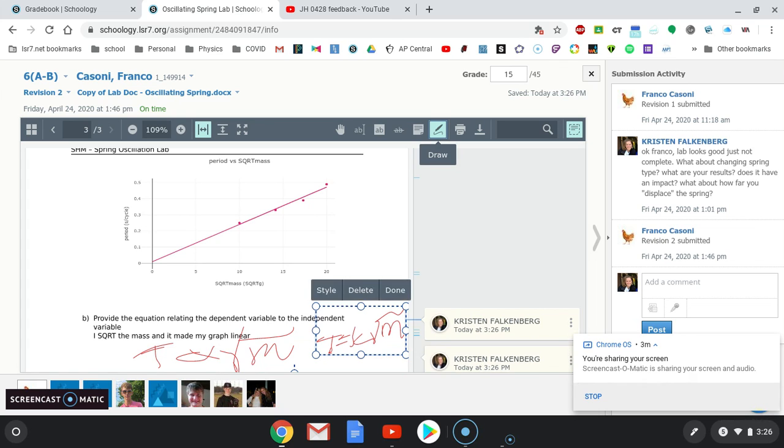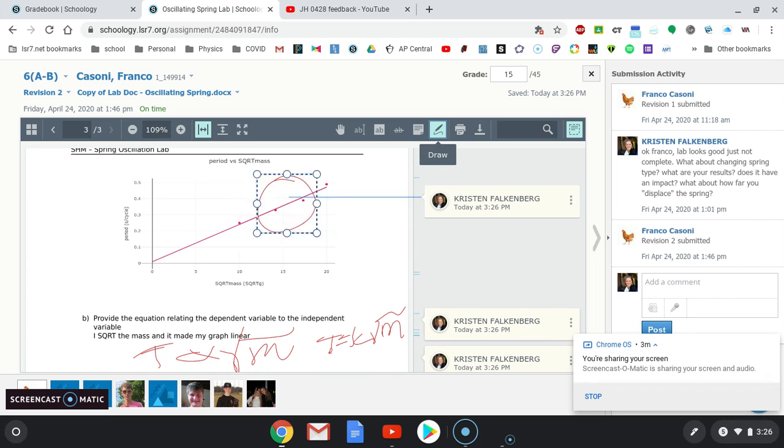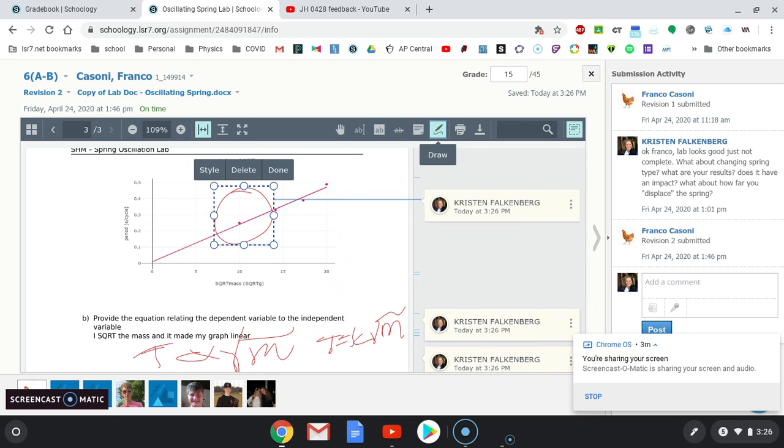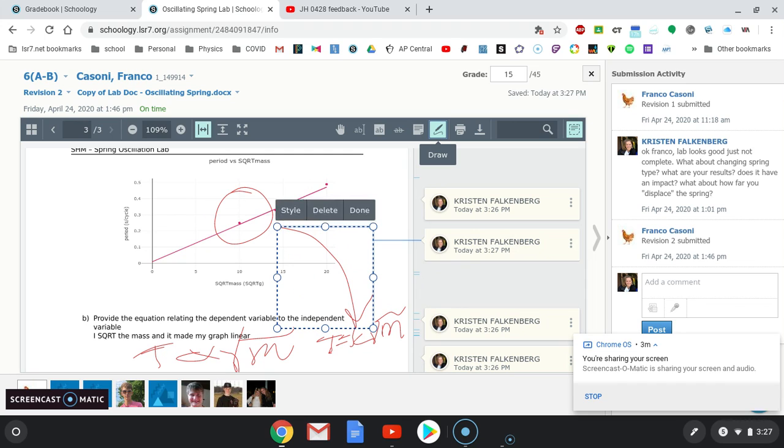Okay, so if you were to find your slope, that's done. You can plug it in there, and you get that equation. So the result is my period.